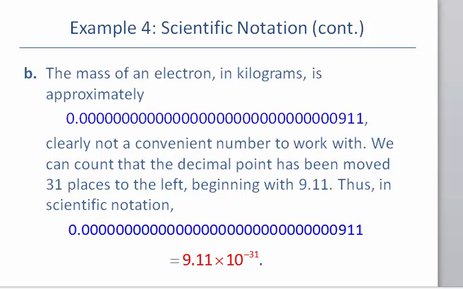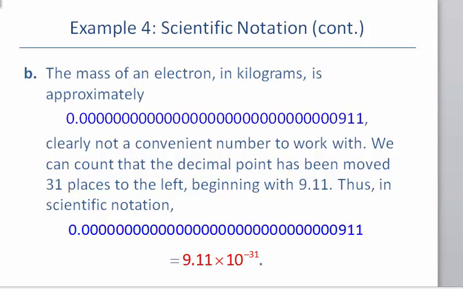Let's try another one. The mass of an electron in kilograms is approximately 0.0, many zeros, and then 911. Clearly this is not a convenient number to work with, so we want to write it in scientific notation instead. Let's look at how many places we're going to have to move our decimal to produce this long decimal number.